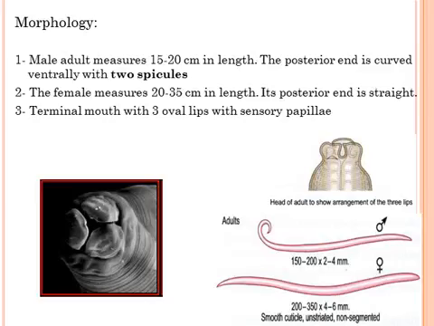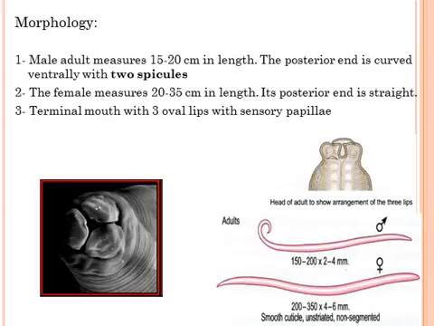About the morphology of the adult of Ascaris lumbricoides, the male adult measures about 15 to 20 centimeter in length. The posterior end is curved ventrally with two spicules, while the female measures about 20 to 35 centimeter, and its posterior end is straight. The anterior end is important; in male and female it is similar.